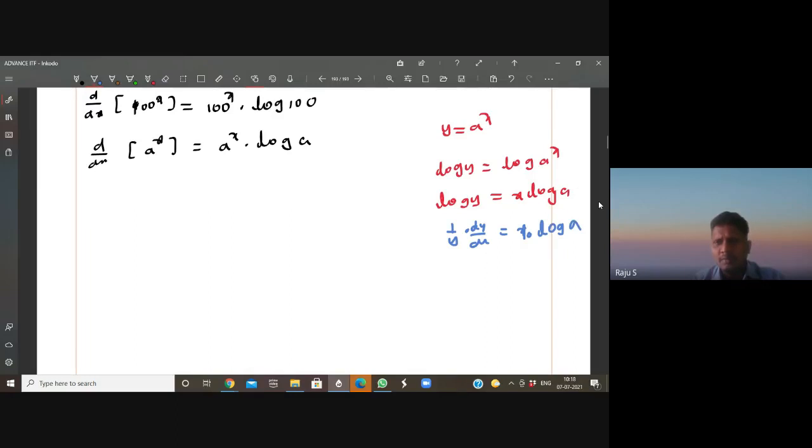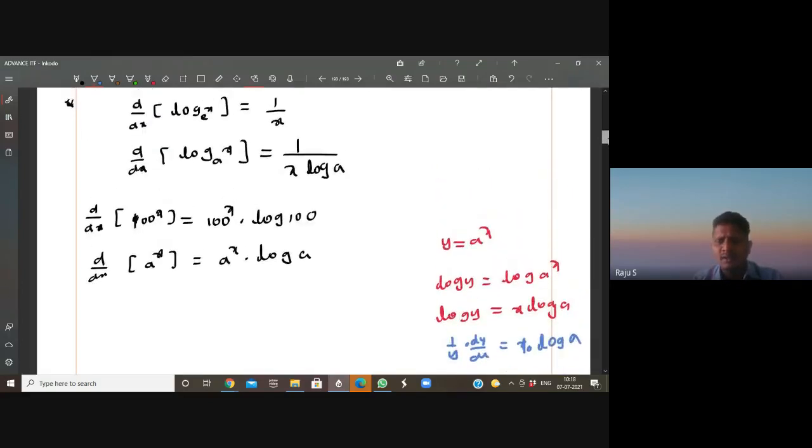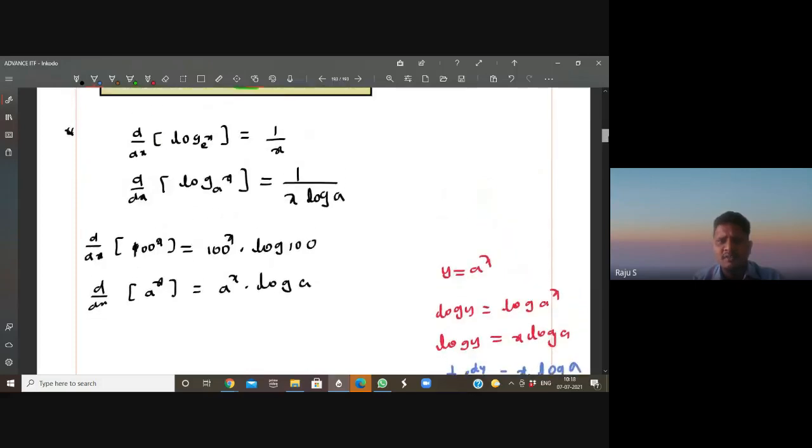We should not apply any UV rule, log a is a constant. So it is in the form of 2x, whose derivative is 2. Log a into x, log a. Now cross multiply: dy by dx is equal to y into log a. What is y again? A power x into log a. Like that, with the help of the logarithmic method, we find the a power x derivative.